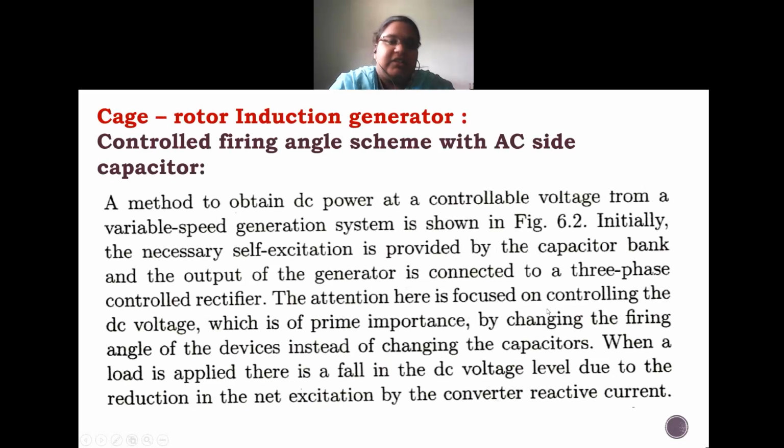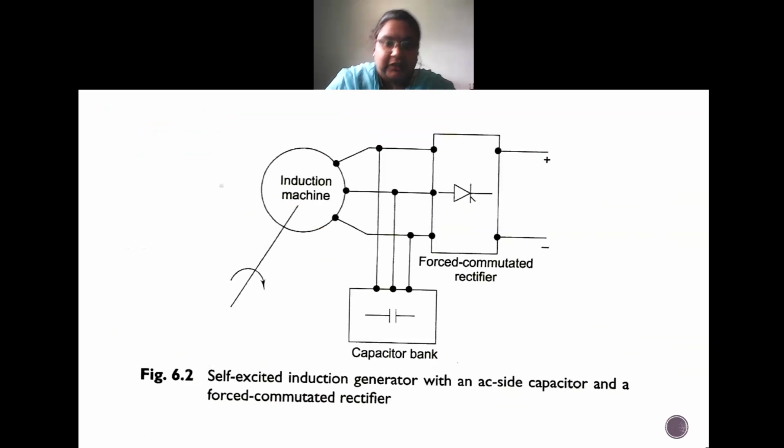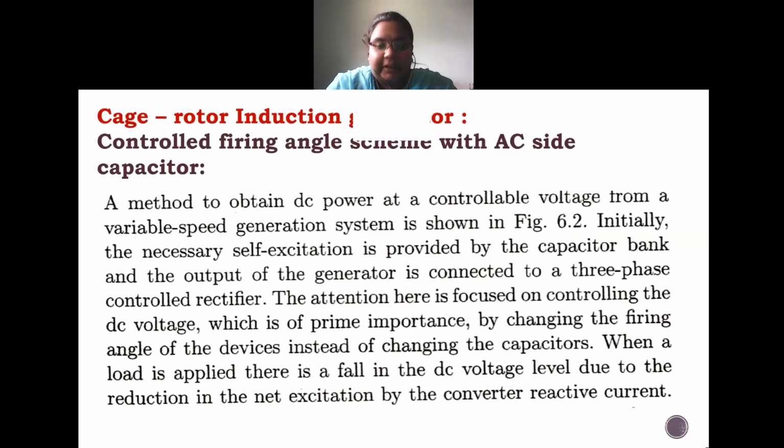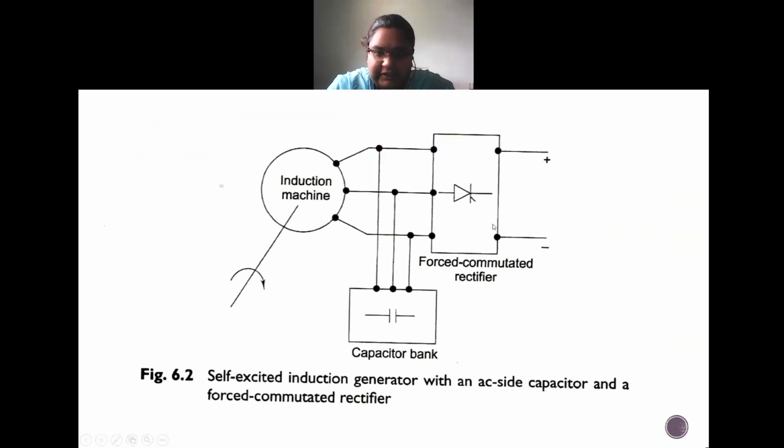Initially, the necessary self-excitation is provided by the capacitor bank, and the output of the generator is connected to a three-phase controlled rectifier. That is what we have seen, right? The attention here is focused on controlling the DC voltage, which is of prime importance, by changing the firing angle of the devices instead of changing the capacitor.